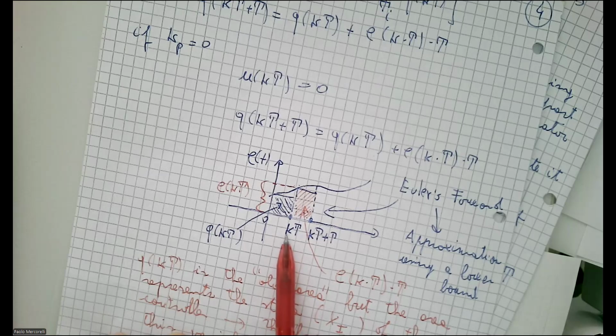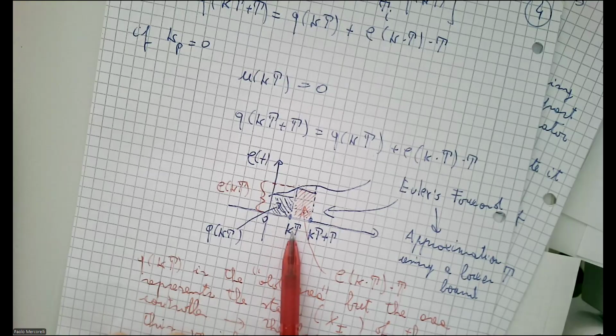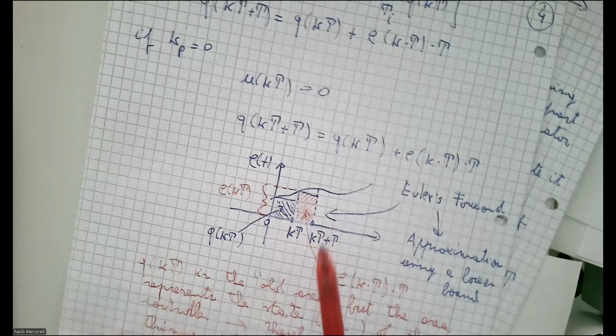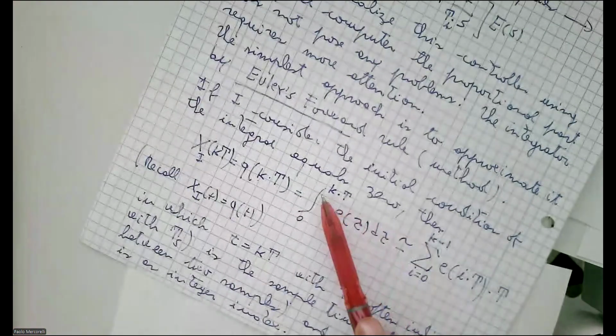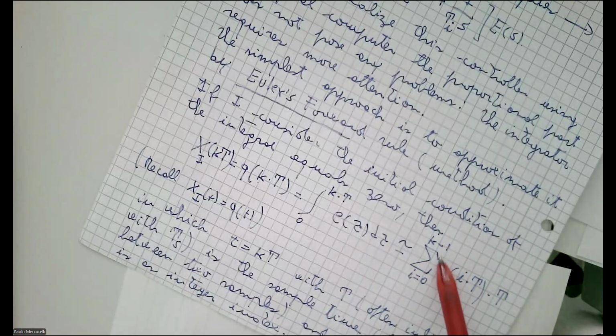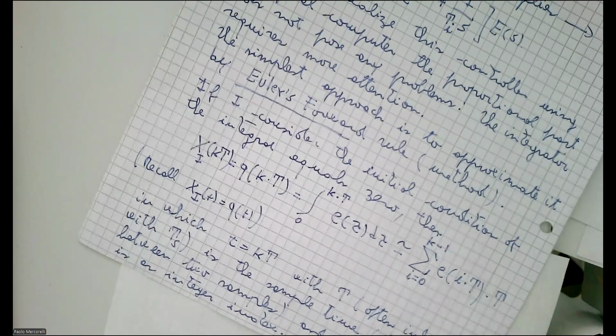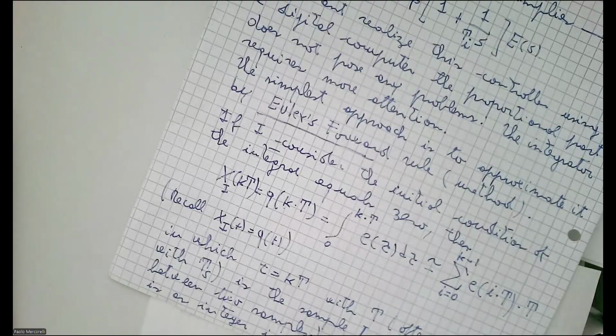I can write K minus 1, in parentheses, multiplied by T, and I can write K multiplied by T. This means to integrate until K multiplied by T, I have to consider in its approximation the sum until K minus 1. It's a little bit confusing in the representation, but it's the representation which you can find also in books. Now, I am concluding for today.